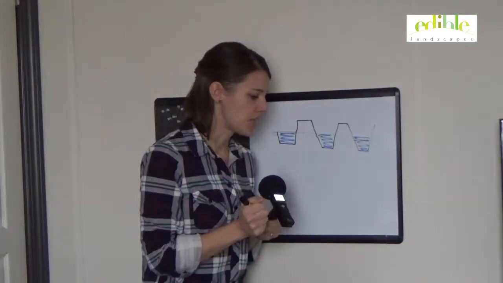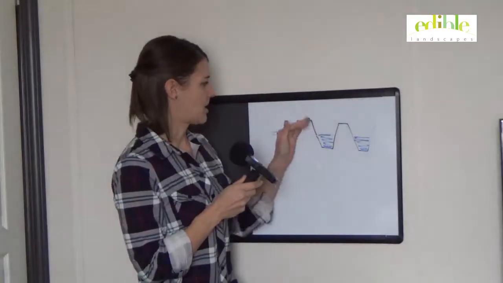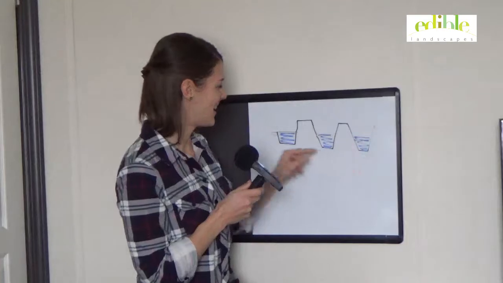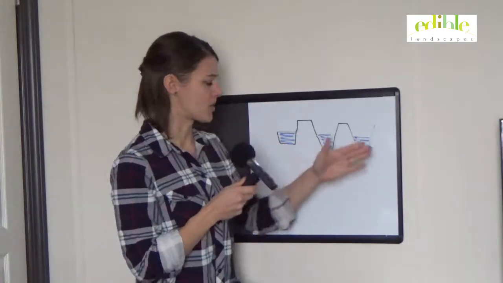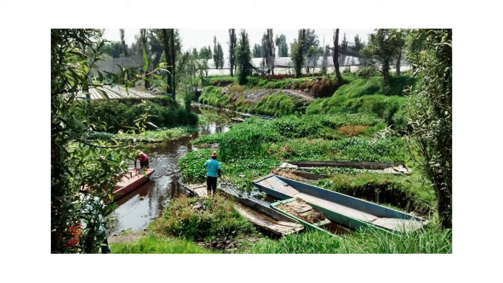And when you do this, you end up accentuating the land portions and accentuating the water portions. You have basically just created a Chinampa system out of these wetlands. And as we know, Chinampas are the most productive systems ever documented.